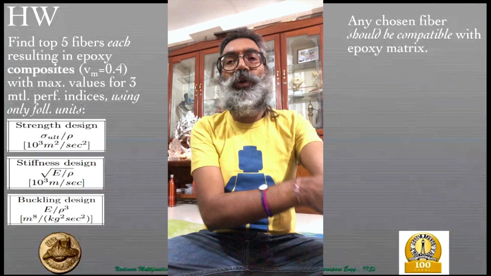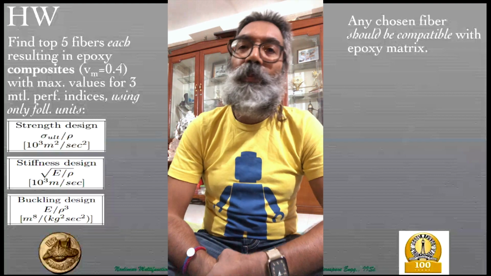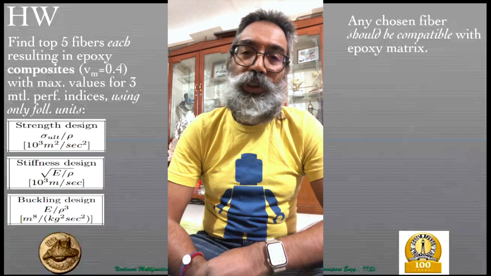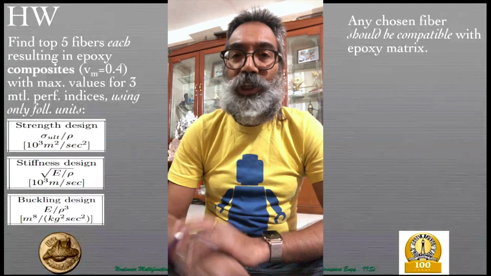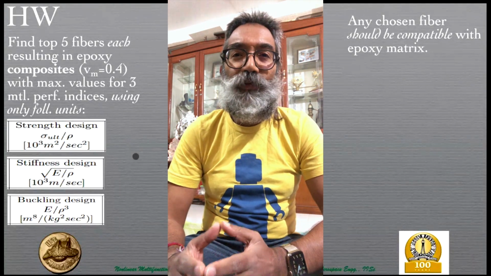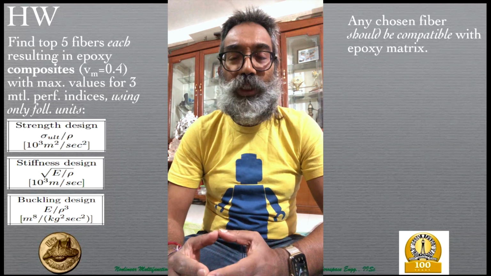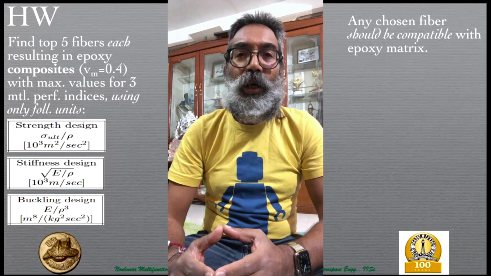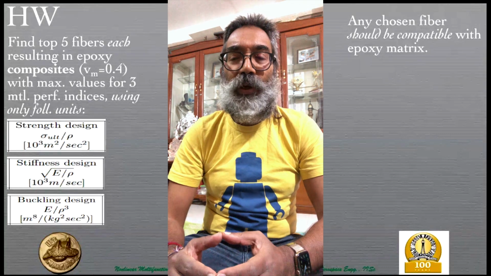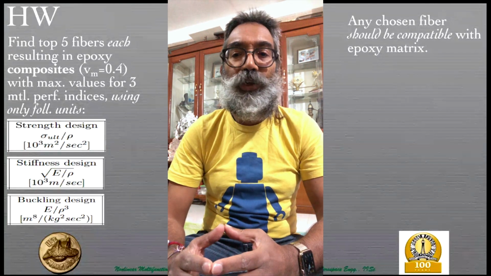I would suggest that you all give it in an Excel sheet so that they can combine and very easily compare across the class which is the top 5 for each one of these. And then if you have found some of them, you get a few bonus points. The reason why I want to do this comparative study is because I want you to be as exhaustive as possible in your search, as comprehensive as possible.